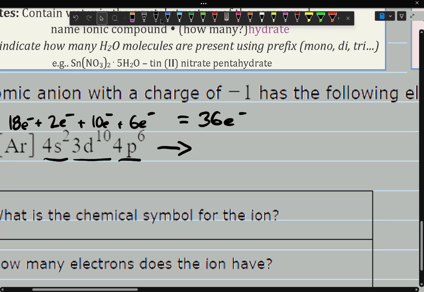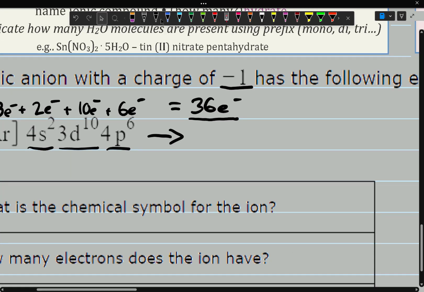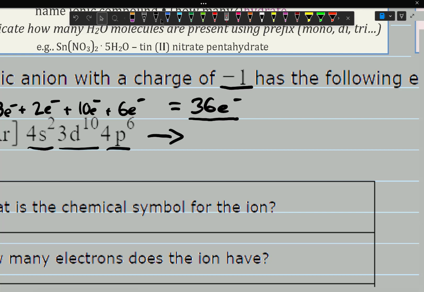However, it has a -1 charge, which means that this has 1 additional electron compared to its neutral state. So if it has 36 electrons, then the number of protons it has is going to be 1 less, and that gives you 35 protons.